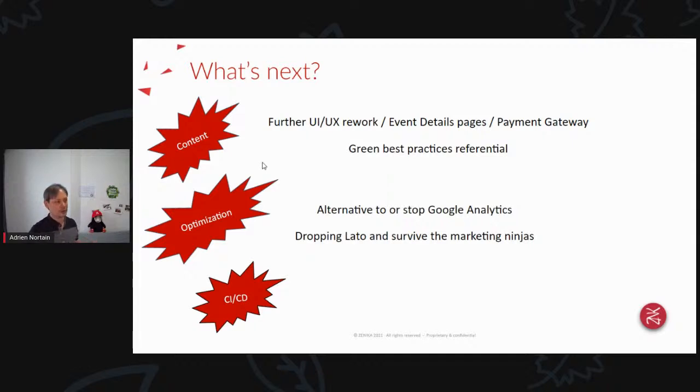Today, also for our marketing purpose, at Zenica, we use a font. Most of the companies, right, will have their own font. In Zenica, we use Lato. I want to survive the marketing ninja, so I need to see how I can approach them with that. But the idea is to use a generic font. If we use a generic font, we can gain a lot of loading time as well. Of course, we have delayed the font loading.